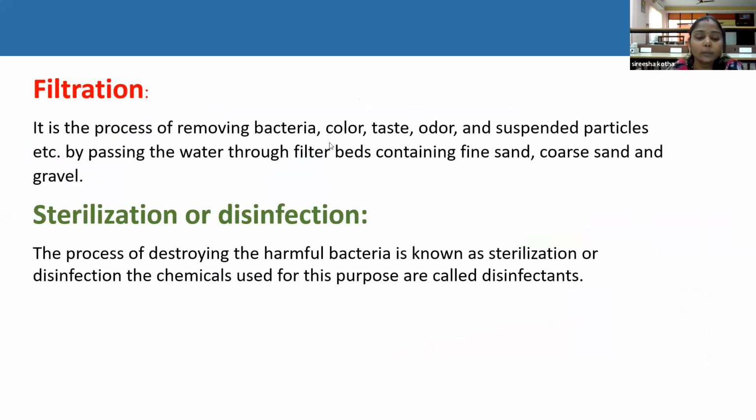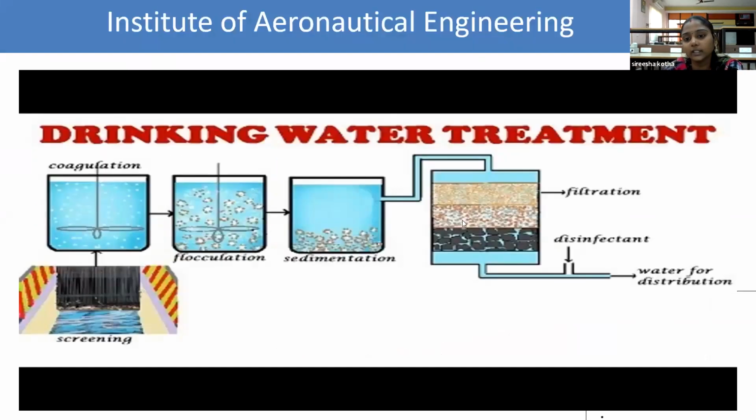Filtration is the process of removing bacteria, color, taste, odor and suspended particles, etc., by passing the water through filter beds containing fine sand, quartz sand and gravels. You can observe this filtration bed.